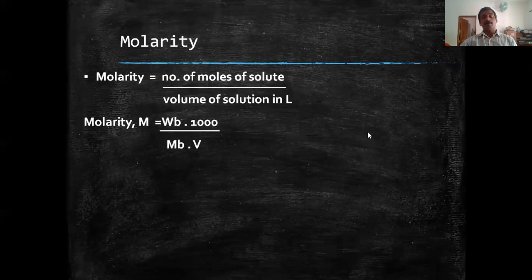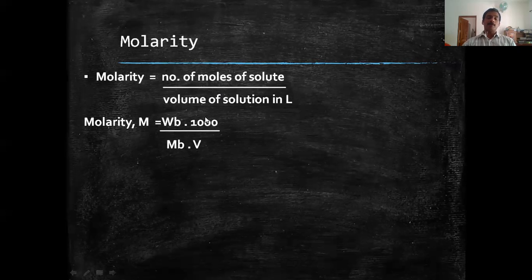In the previous equation also you may be confused. Molality, what is the equation? WB into 1000 divided by MB into WA. Usually in problems you will get the mass in gram. In order to convert gram to kilogram, you are using the 1000 there. Similarly here, in order to convert ml to liter, we are using this 1000 here.